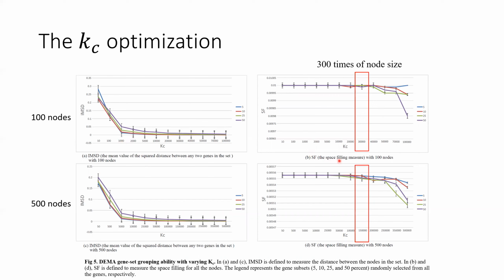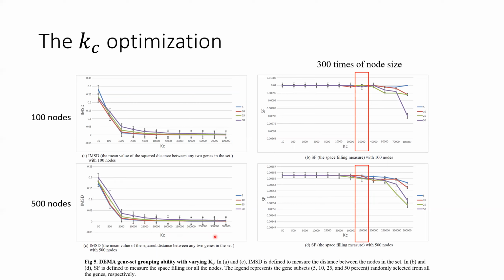From this subgraph B, we can see that space filling is almost the same before KC is equal to 30,000, which is 300 times the node size. When KC is larger than this number, space filling declines rapidly, which means some nodes are overlapped.